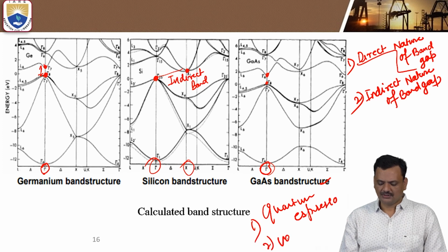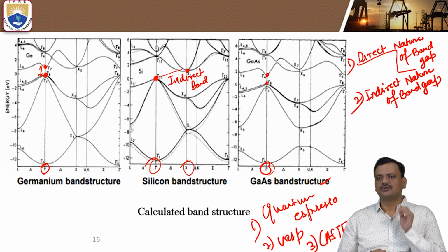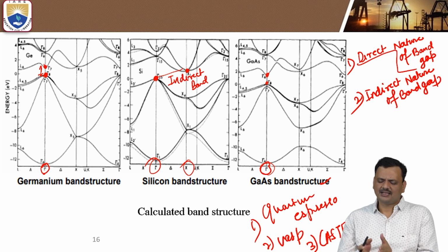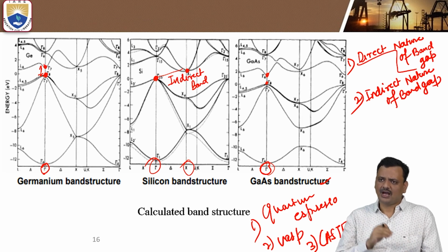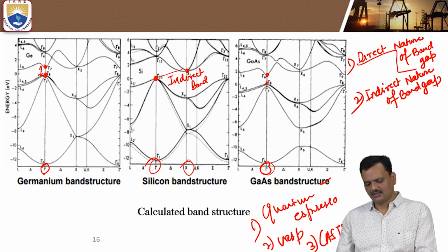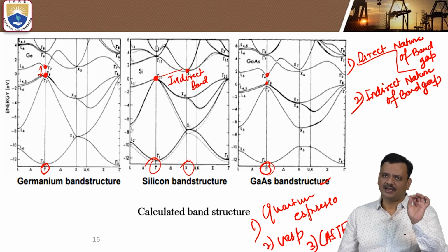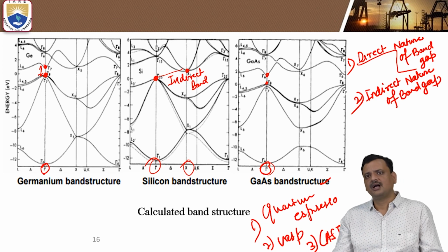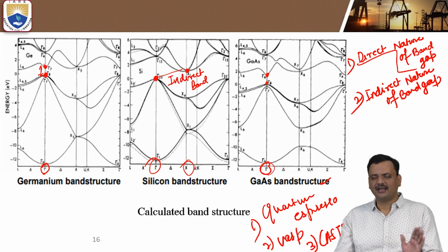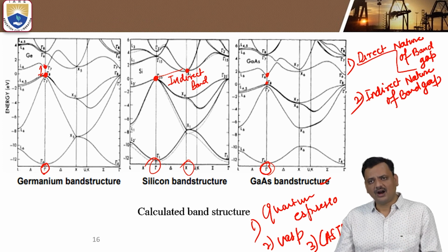Another is VASP. Third one is CASTEP. Or you can develop your own program. But these are the software where the program is inbuilt. So you just use the already developed program and you can calculate the band structure of any kind of material or semiconductor, and you can plot the band structure.